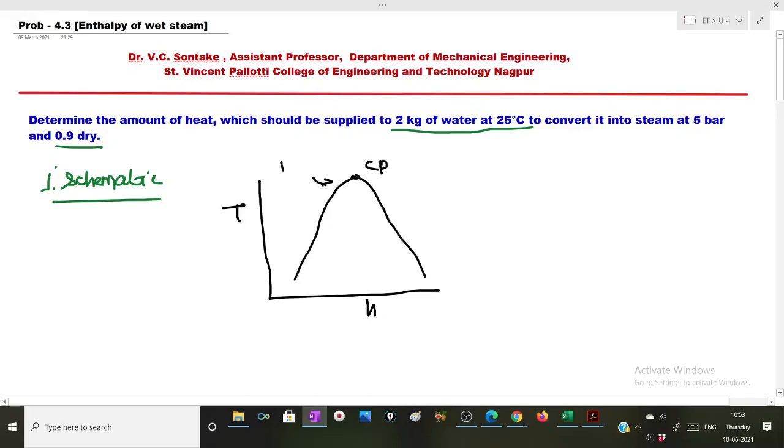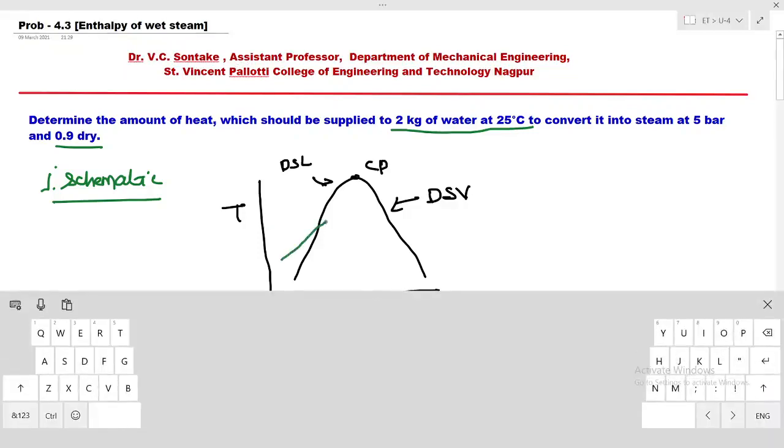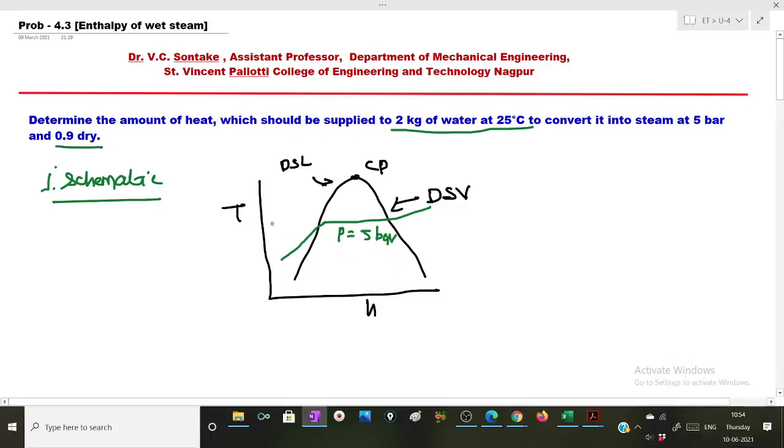This is the dry saturated liquid line. This is the dry saturated vapor line. Let's say this line represents pressure of 5 bar, and corresponding to this pressure of 5 bar, this will give you the saturation temperature of steam.